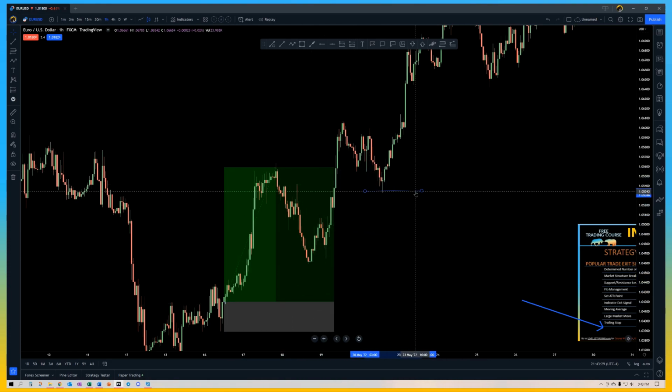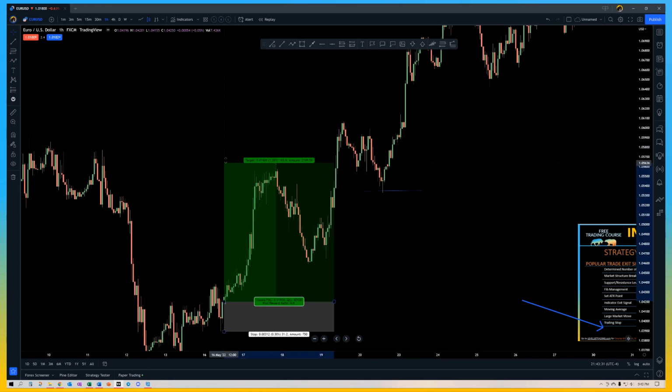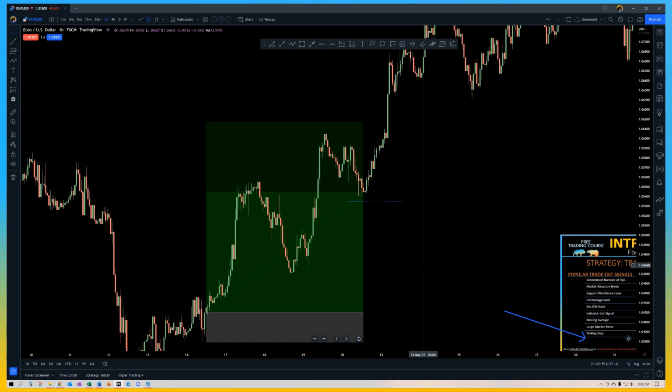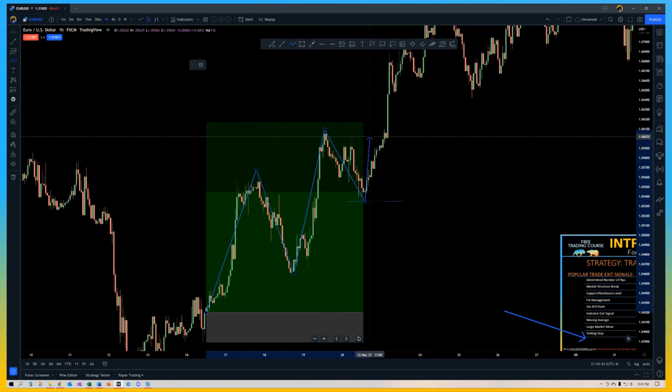So as price comes up here, now our stop loss moves here. And so if price came up from our entry, retraced, came up and retraced, but if it came up and failed to put in a new higher high and instead dropped below here, well, then not only is it our stop loss, but it's also our exit point.